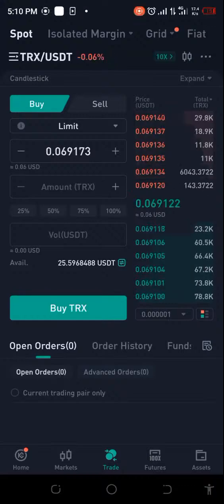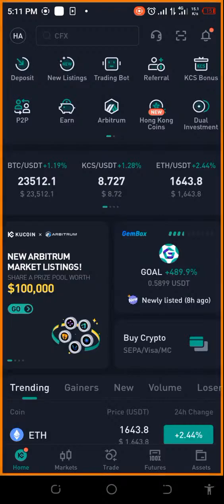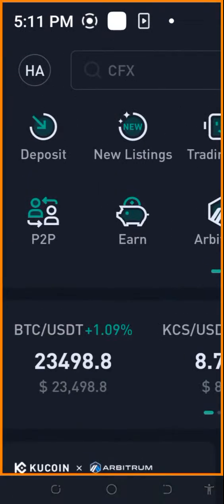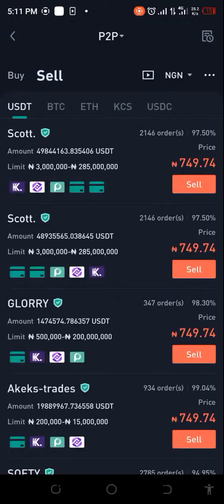Okay, so we're here to change this to TRX. Now, of course, there are two ways you can do this. You can actually decide to use the P2P. If we look here, you will see that KuCoin has P2P, right? So you can actually decide to withdraw your money by just selling it off. It's very possible.